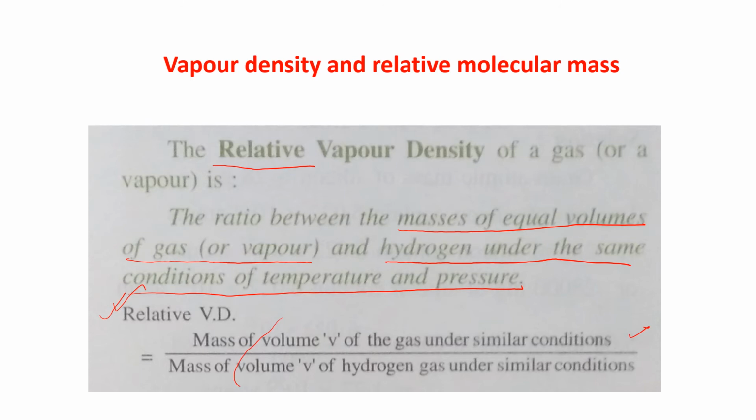I am making both the volumes the same. Mass by volume is the density of the gas, and mass by volume is the density of the hydrogen. Now I am making the volume same. So the mass of the gas under similar condition is the numerator, divided by the mass of the same volume of hydrogen gas under similar condition.